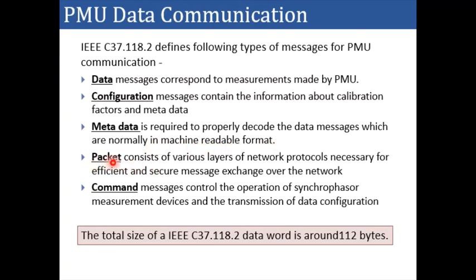Now, what is a packet? A packet consists of various layers of network protocols necessary for efficient and secure message exchange over the network. Command message is required to control the operation of synchrophasor measurement devices and the transmission of data configuration. A typical size of an IEEE C37.118.2 data word is around 112 bytes.